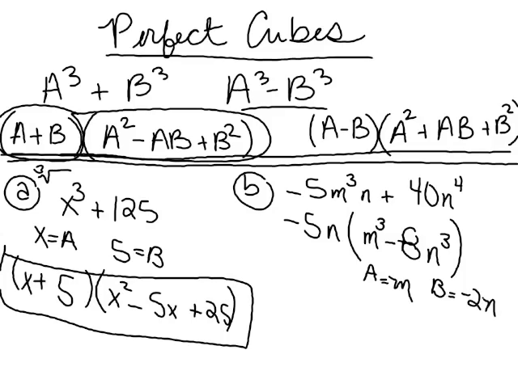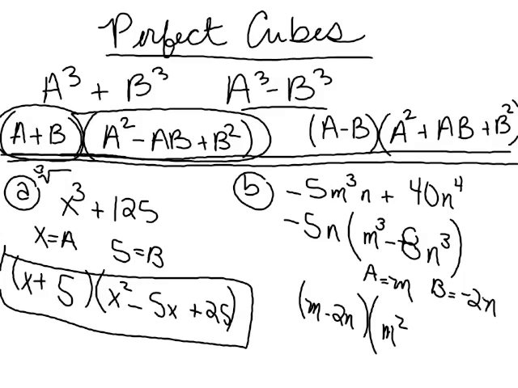So a minus b. What's my a value? m. Minus 2n. Okay, so I have m minus 2n, and then a squared. My a value is m, so I just square that: m squared.